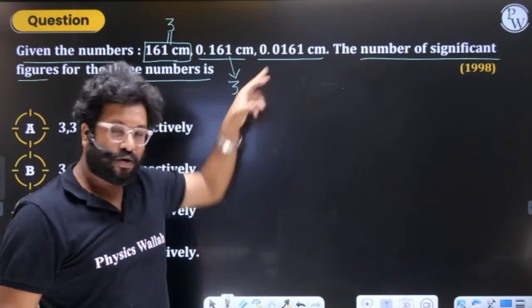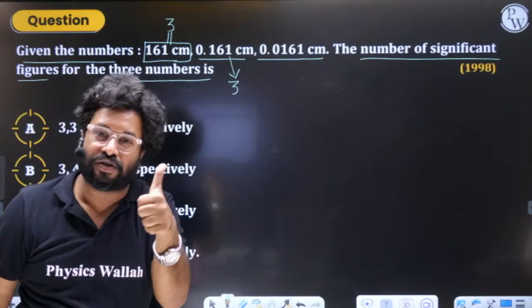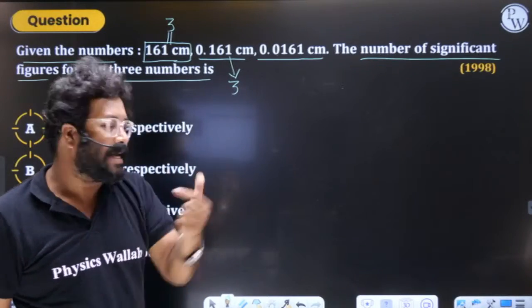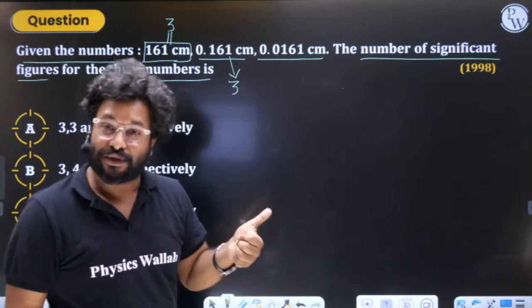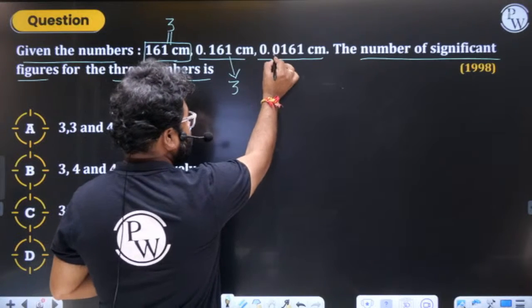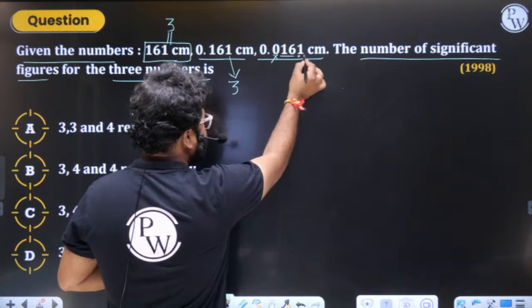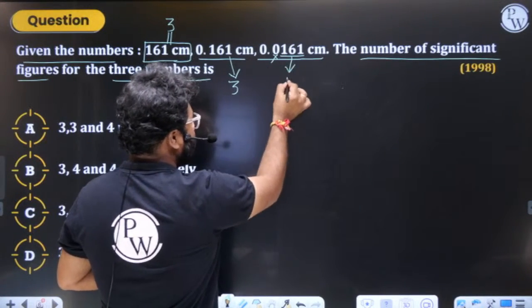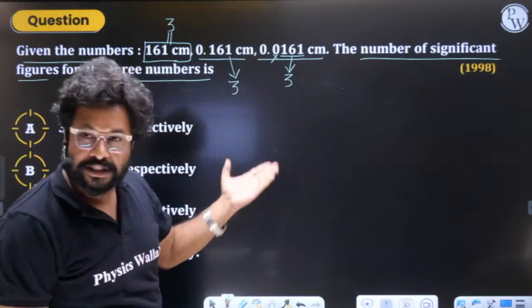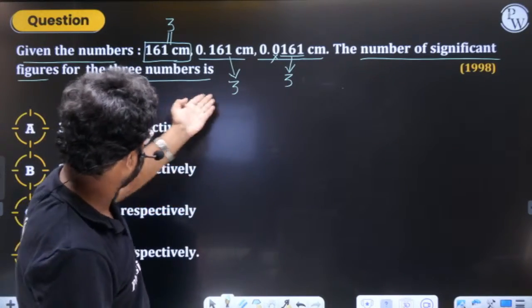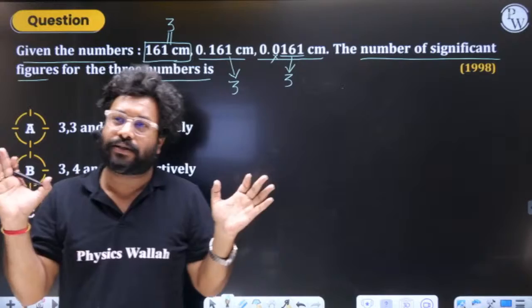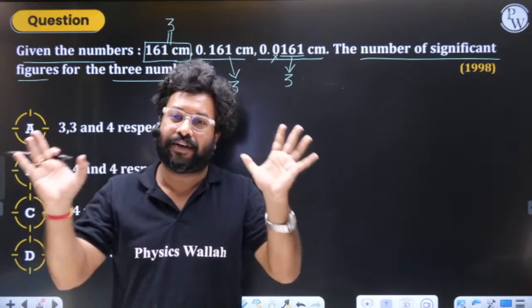But this 0 is to the left hand side of a non-zero digit, so you cannot count this 0 in significant figures. But this 161 would be counted. So you have 3 significant figures here, 3, 3 and 3. Basically all the 3 numbers have 3 significant figures.